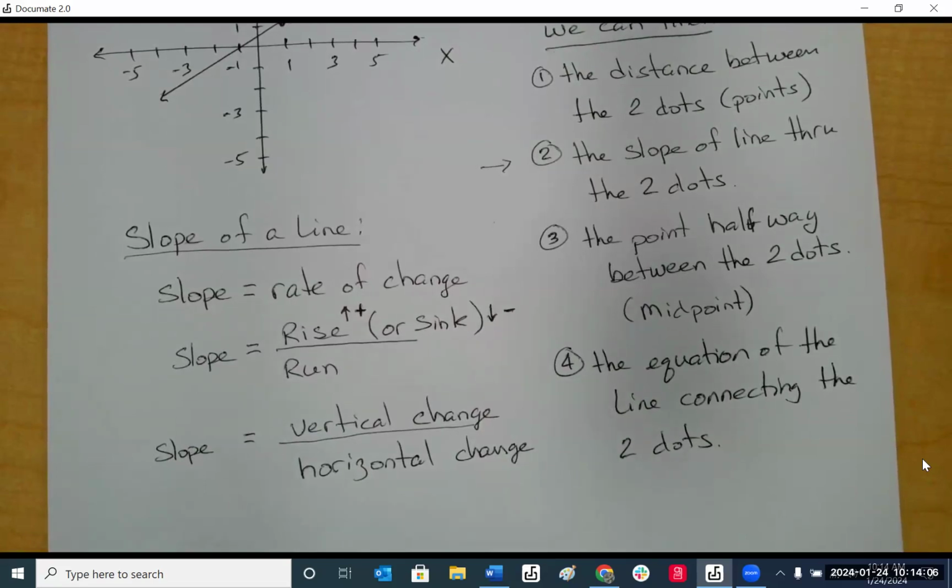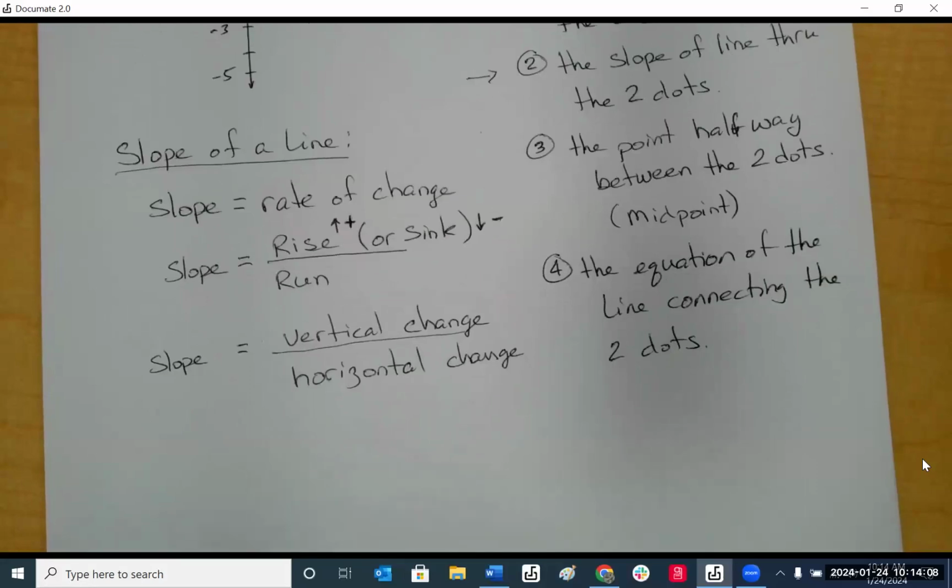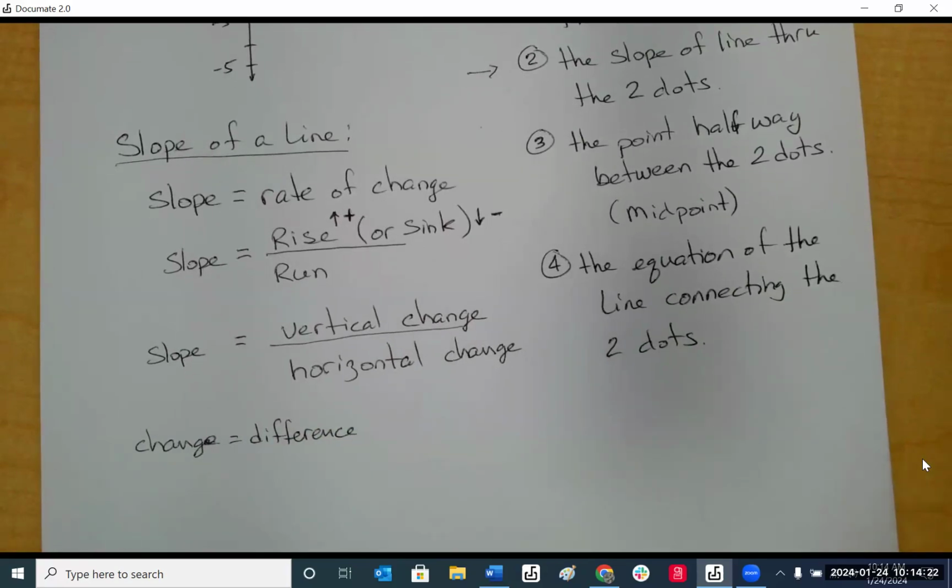This is where we start going to mathematics now. When we say the word change, we mean the difference. When two things change, there's some difference between them.